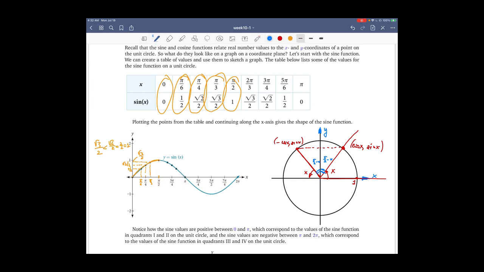We just have to imagine we have a mirror along the vertical line x equals pi over 2. And we take this piece of the graph from 0 to pi over 2 and reflect that piece of the graph symmetrically about our mirror to get that piece of the graph.